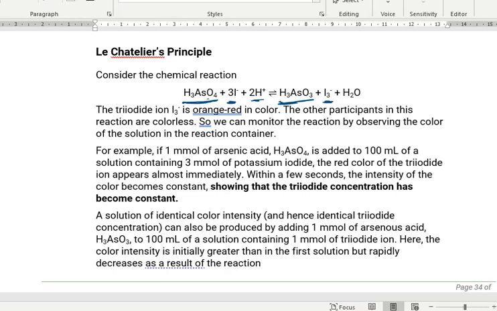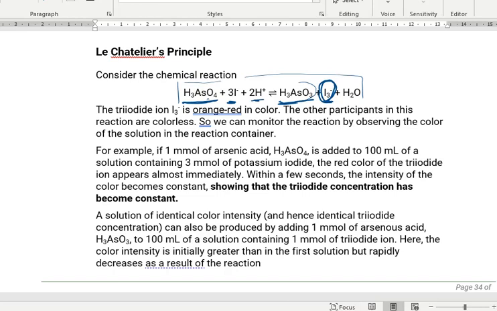Okay? Now, in solution, only this triiodide ion has an orange-red color. The other participants here are colorless. Which means that if this reaction is in solution, in your beaker, you will find it orange-red, right? Because the others are colorless, but there is orange-red.